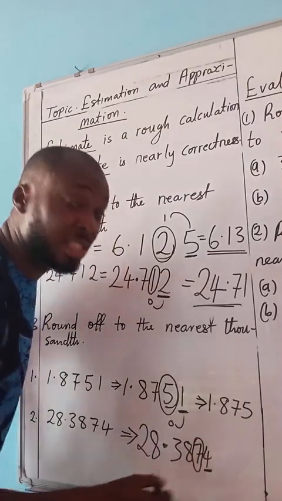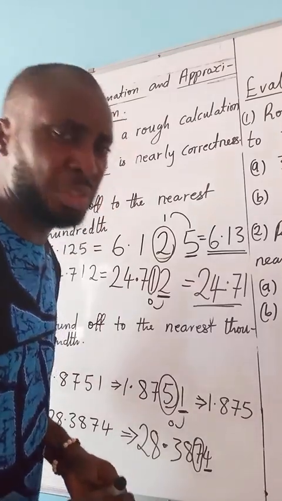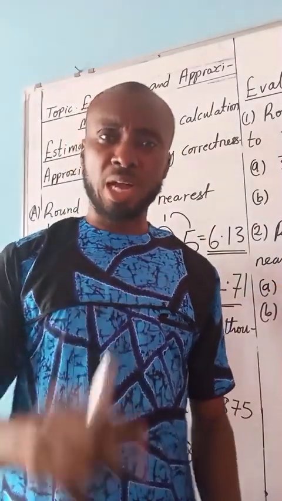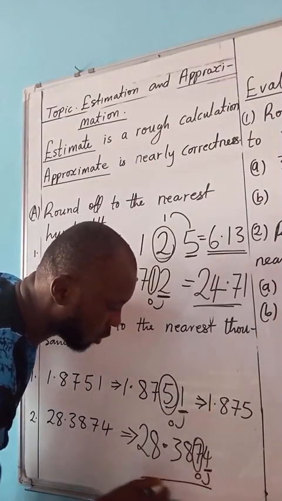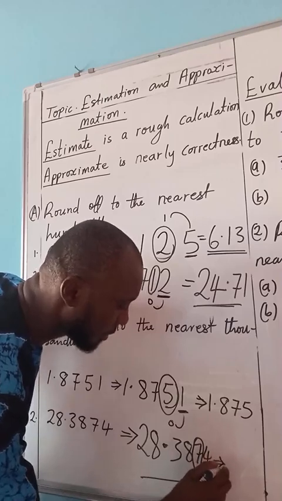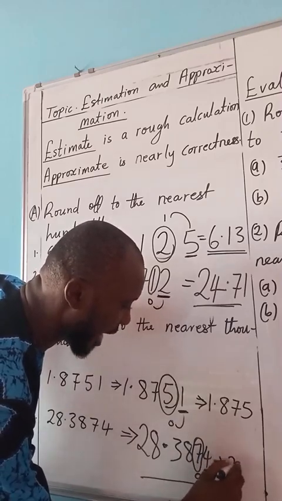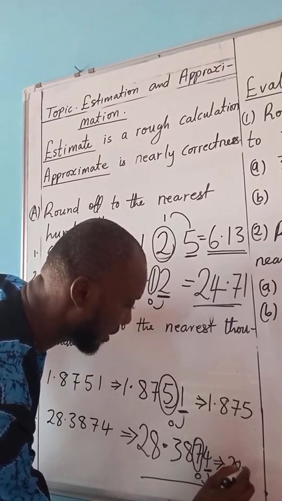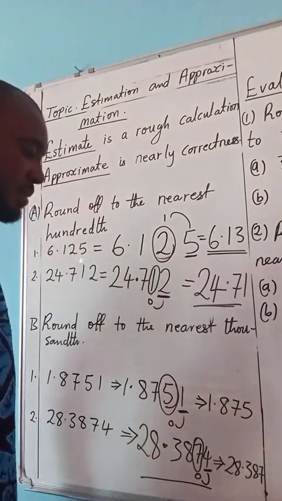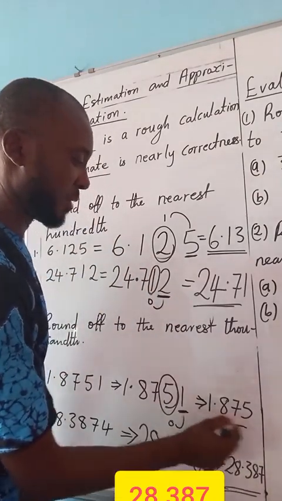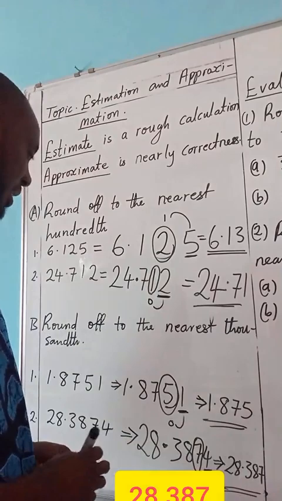So 4 is the determinant factor and is not up to 5. So there is no way we'll round up. We'll round down. So when you round down, you add 0 to it, which will now become 28.387. This becomes our answer. You've rounded it up to the nearest thousandth.